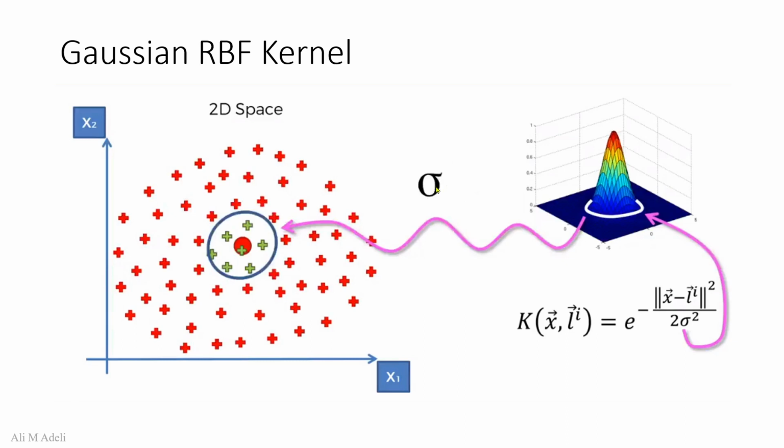But by tuning this parameter here, it's going to change the radius of this circle and allow us to perfectly separate the green from the red. That's what it does by playing around with this hyperparameter.